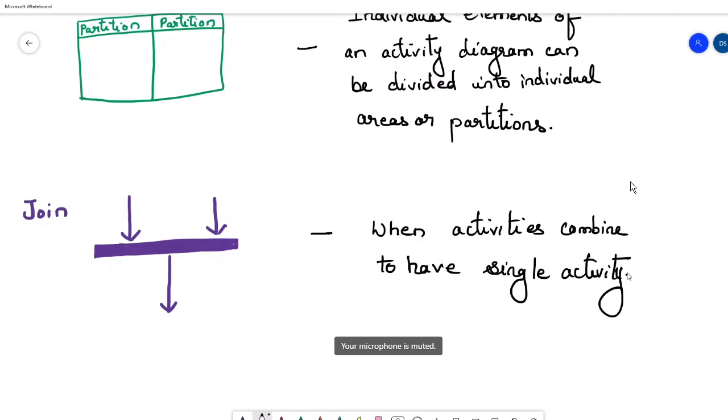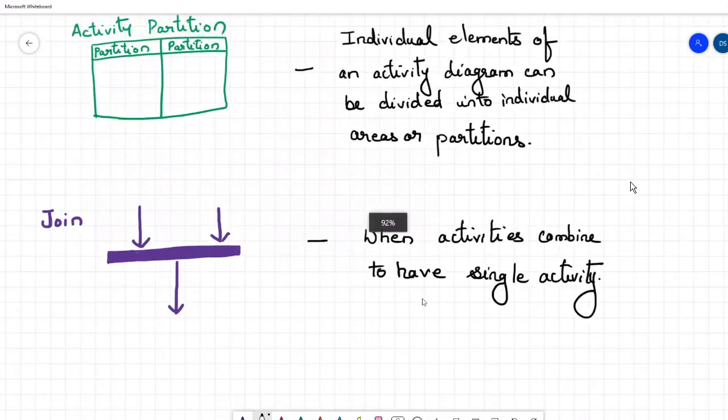Okay, so these are the various symbols which are used in an activity diagram and which would help us understand how different actions or activities are performed, how they are connected with each other, and how the message flow takes place among them.